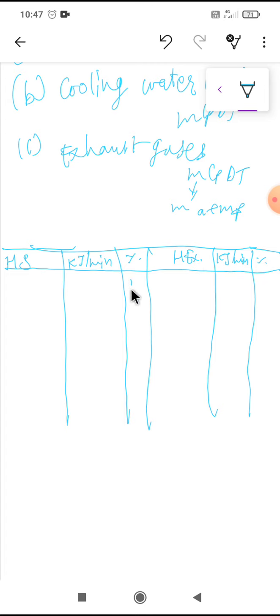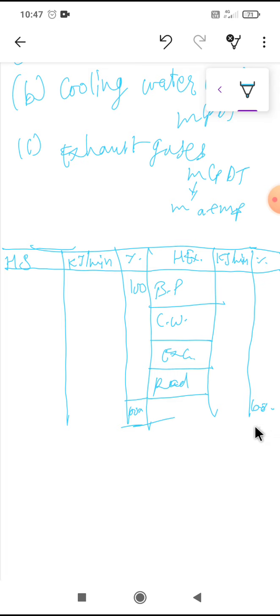So heat supplied is suppose 100%. Here the heat expenditure may be in brake power, then in cooling water, then in exhaust gases, then heat unaccounted due to radiation, and then total we should get here 100%, and here total is 100%.